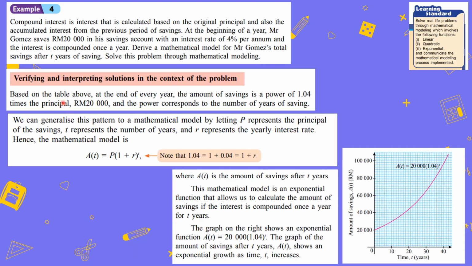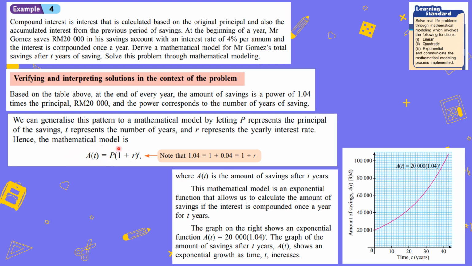Now, let's verify and interpret the solution in the context of the problem. Based on the table above, at the end of every year, the amount of savings is a power of 1.04 times the principal, and the power corresponds to the number of years of saving. So we can generalize this pattern to a mathematical model, by letting P represent the principal, T the number of years, and R represent the yearly interest.